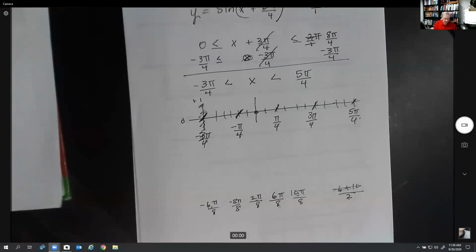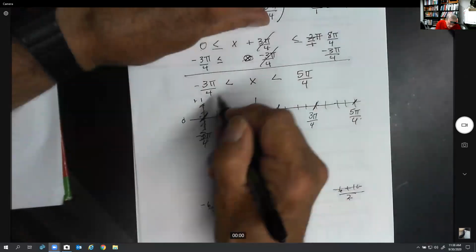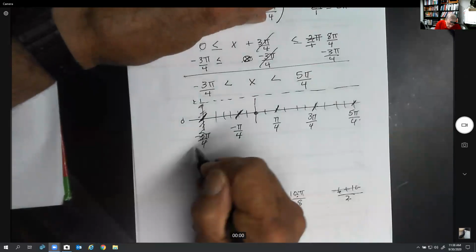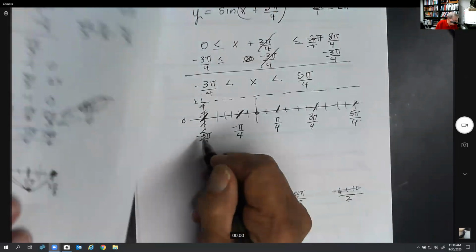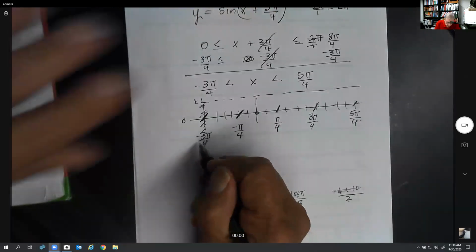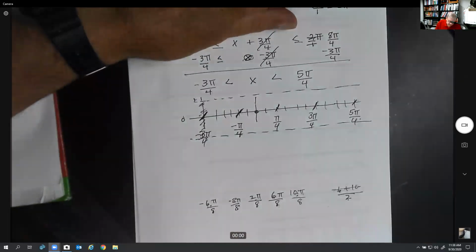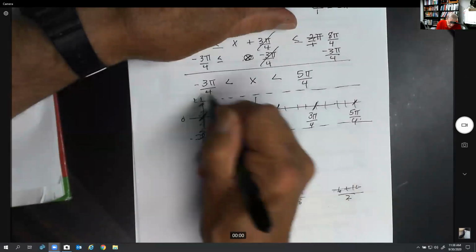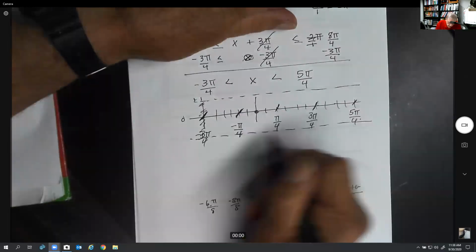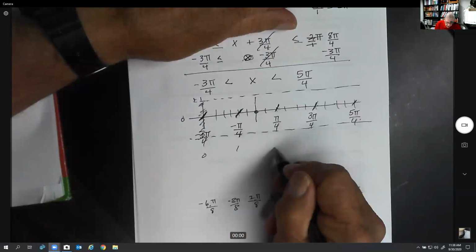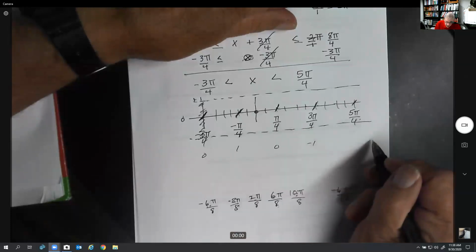Okay, so now the height is going to be 1. Let's draw a little line here. What kind of function was this? This was a sine function. So we know at the sine it should be what? 0, 1, 0, negative 1, 0.